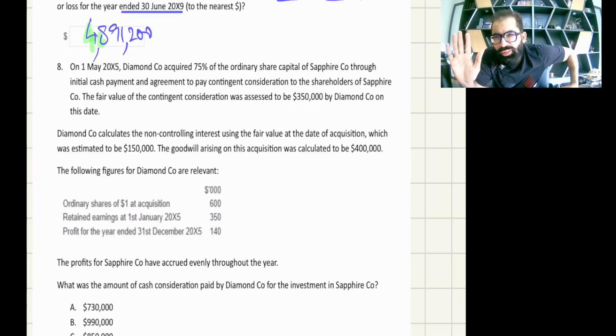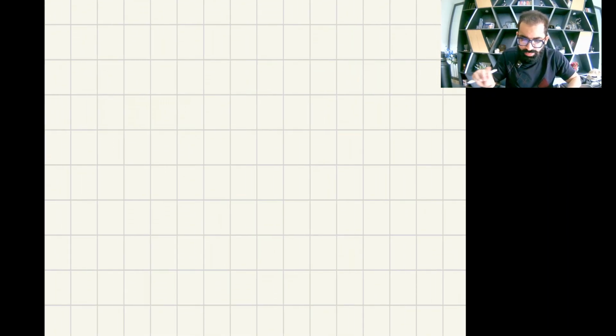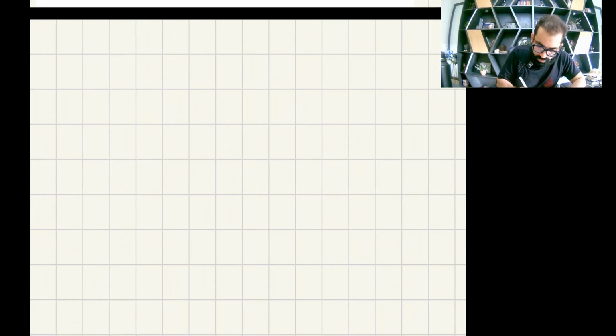Normally you start forward working like COI, cost of investment, add fair value of NCI at acquisition, less fair value of net assets of S company, you get goodwill. Let me write the format first.